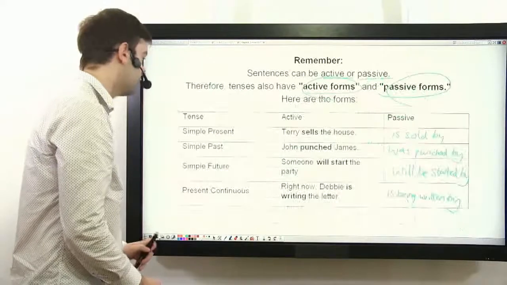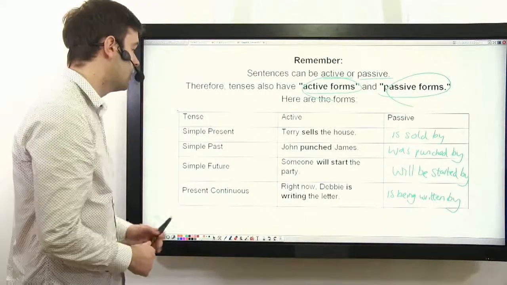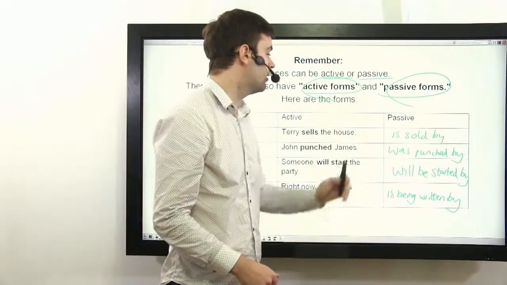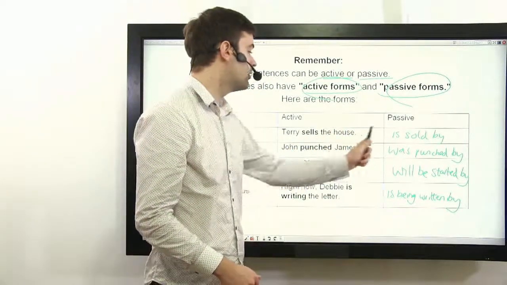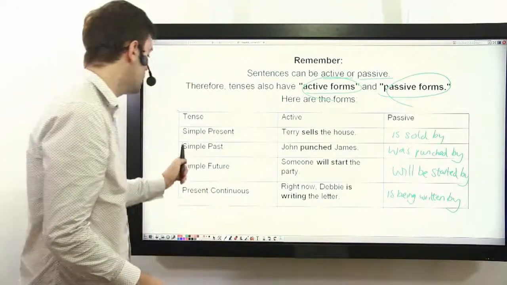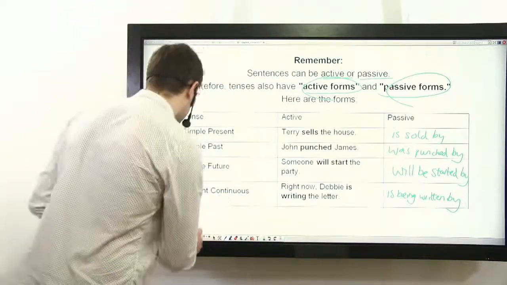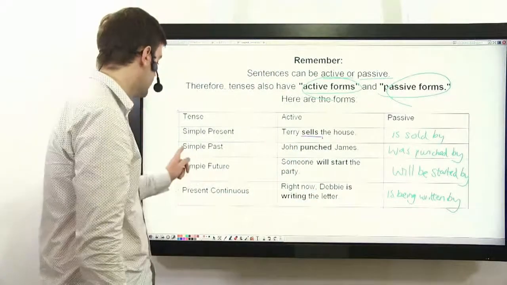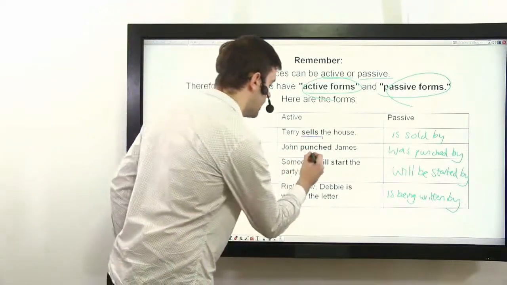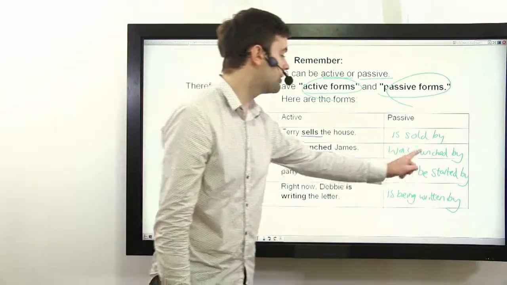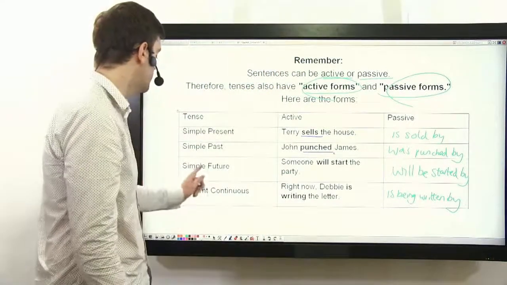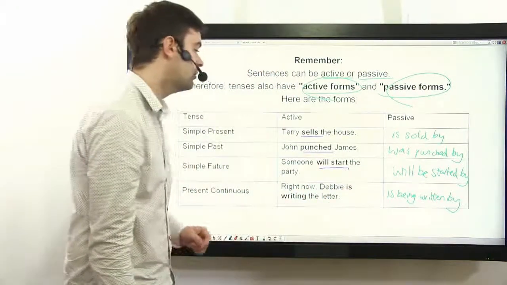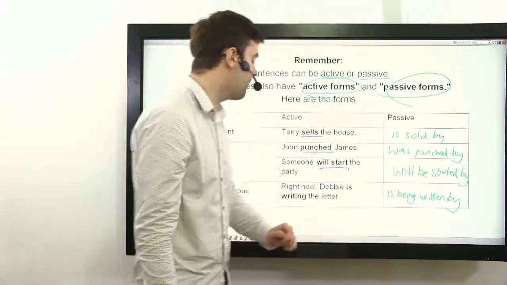So let's go back and just recap. So, simple present, Terry sells the house. You change sells to is sold by. Simple past, John punched James. You change it to was punched by. Simple future, will start, changes to will be started by.